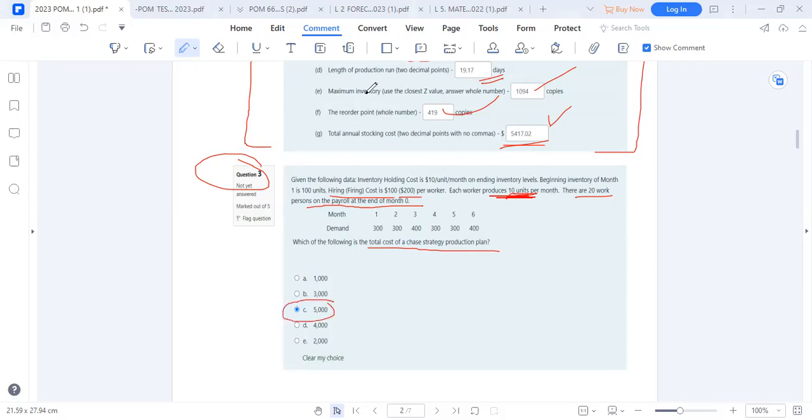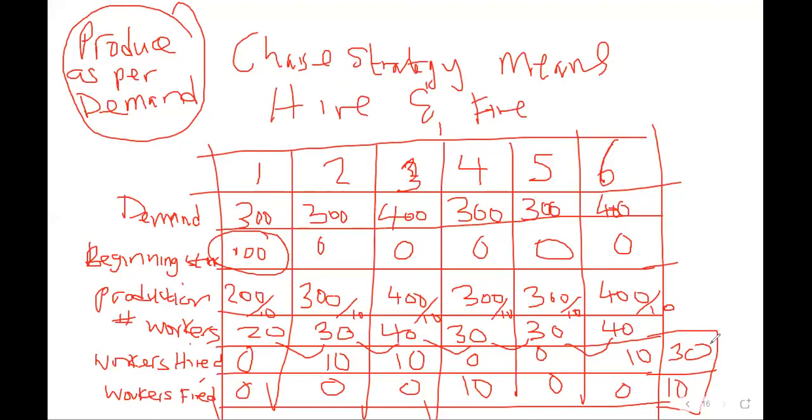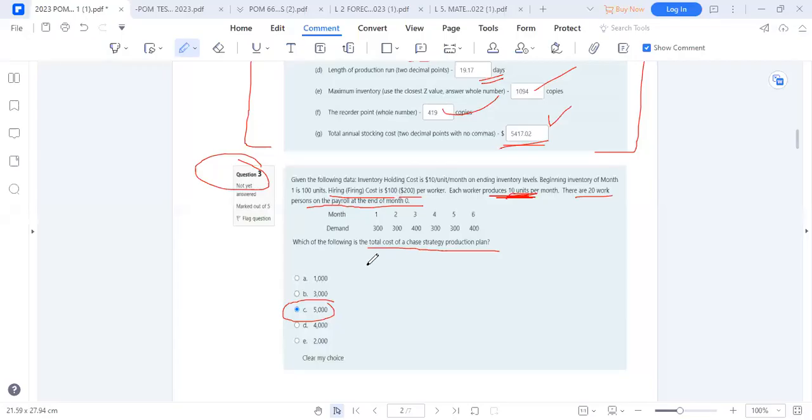Are we safe, boss? So meaning here, multiply this one by what? Hiring cost is how much? Are we together? So 30 is what? The hiring cost.